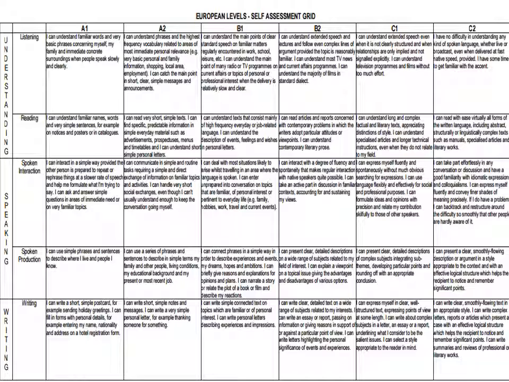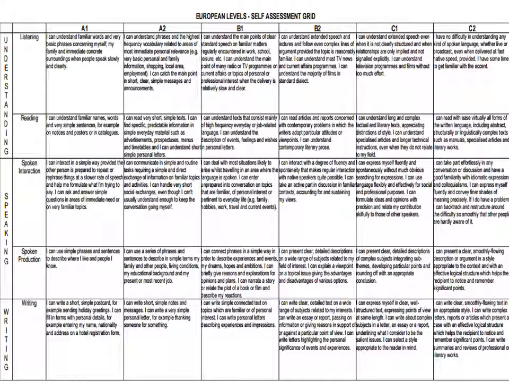Also, we can understand the main points of clear standard speech on familiar matters. Also, we can understand extended speech and lectures and follow even complex lines of argument provided the topic is reasonably familiar. We can understand speech even when it is not clearly structured and have no difficulty understanding any kind of spoken language.